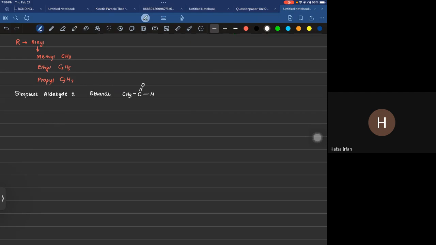Or you can say the simplest ketone, that would be propanone. That is CH3 C double bond O and then CH3.